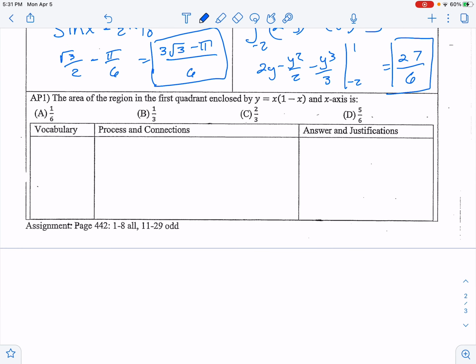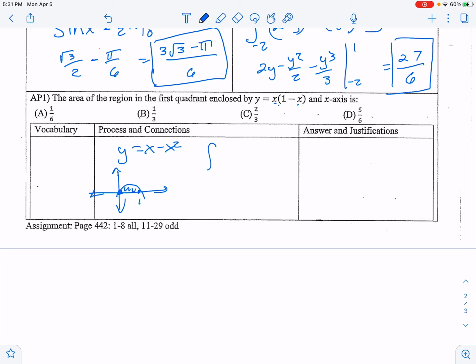Okay, last one. The area of the region in the first quadrant enclosed by, so that's y equals x minus x squared, and the x-axis. So it's a parabola that opens down. Okay, and where's it go? It's 0 and 1, 0 and 1. So that's what we're looking for.